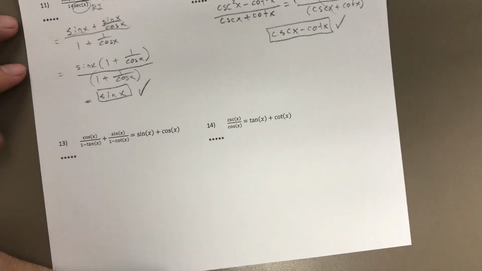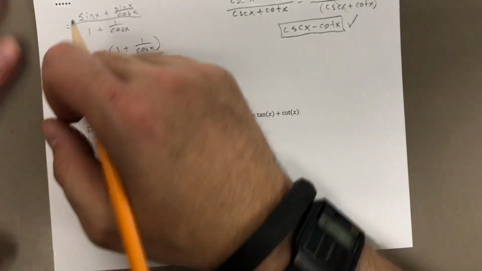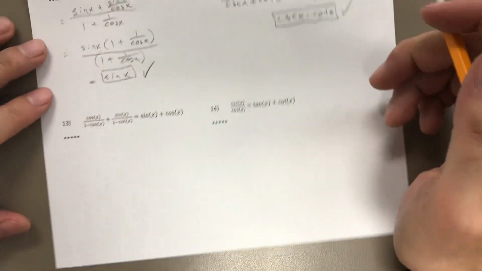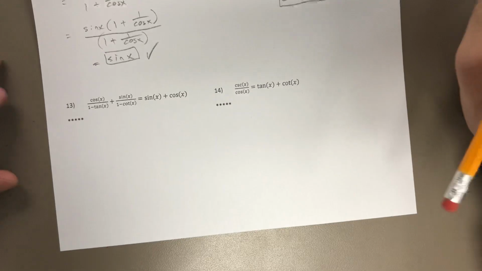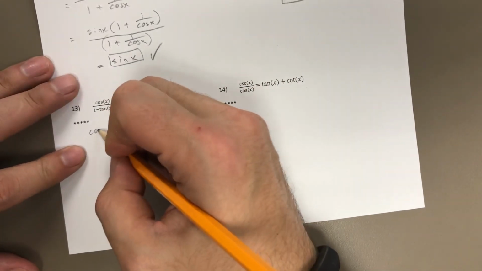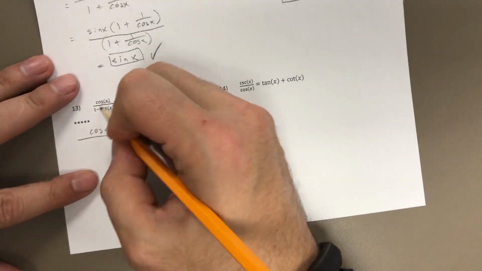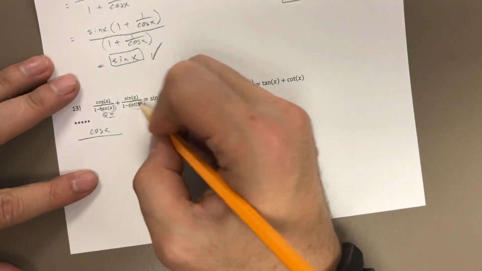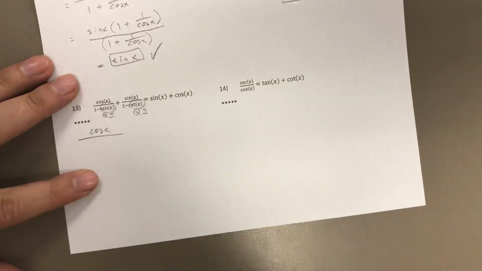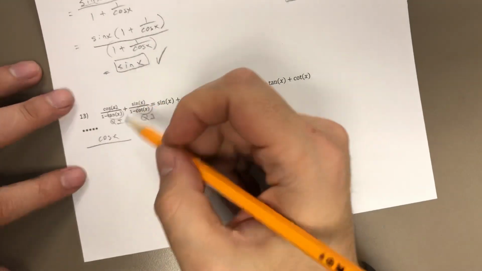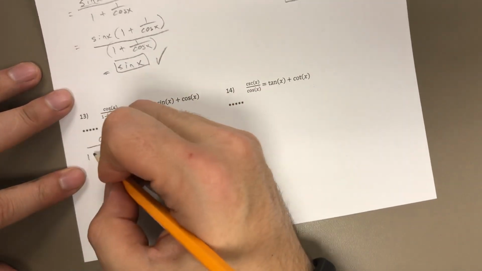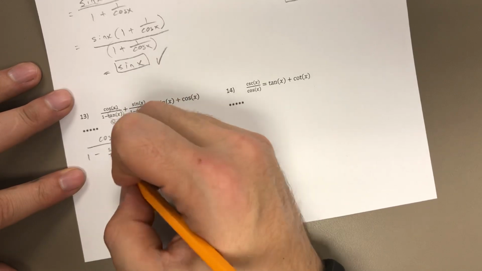Well, you know what? When I'm not inspired to see something immediately, I just do my little sines and cosines trick. So, do I want to do that? Yeah, let's do it. Okay, so cosine of x over, and that's a quotient identity. That's another one, quotient identity. So this turns into 1 minus sine of x over cosine of x.